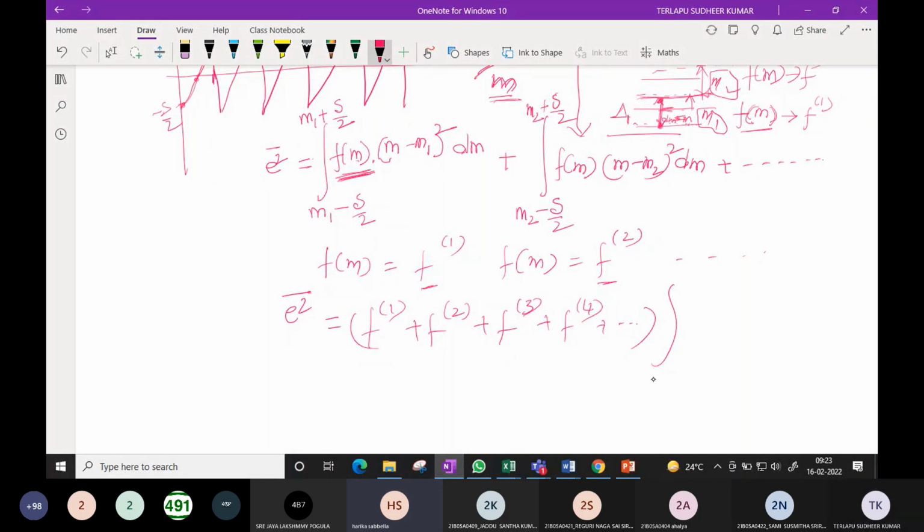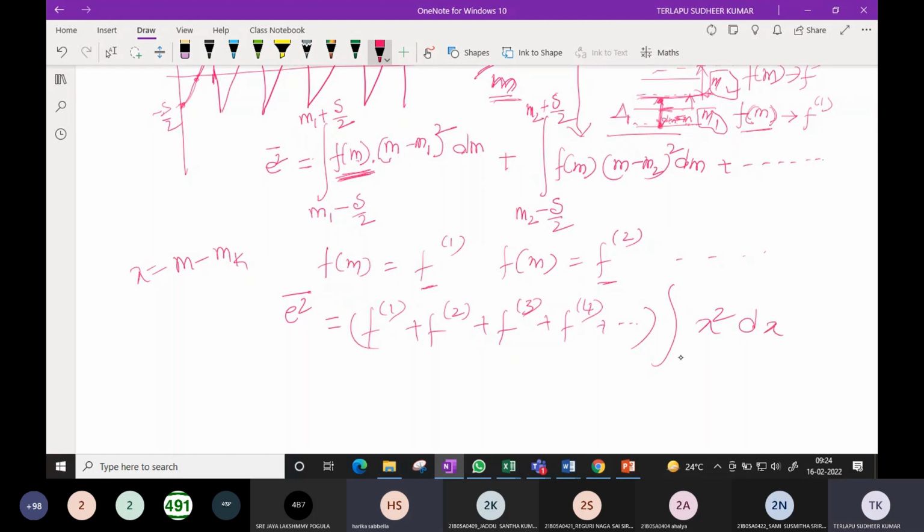Let us assume x equal to m minus mk. So if that is the case, dm equal to dx. So this will be x square, whether it is m minus m1 or m minus m2 or whatever, x square dx.